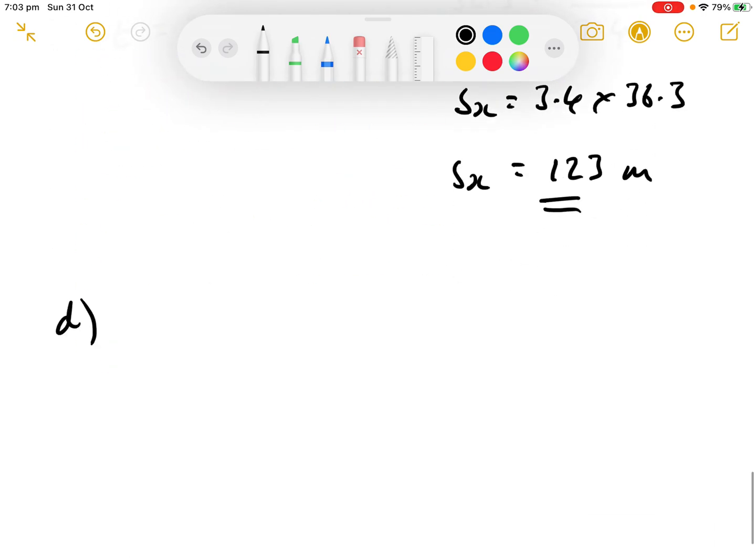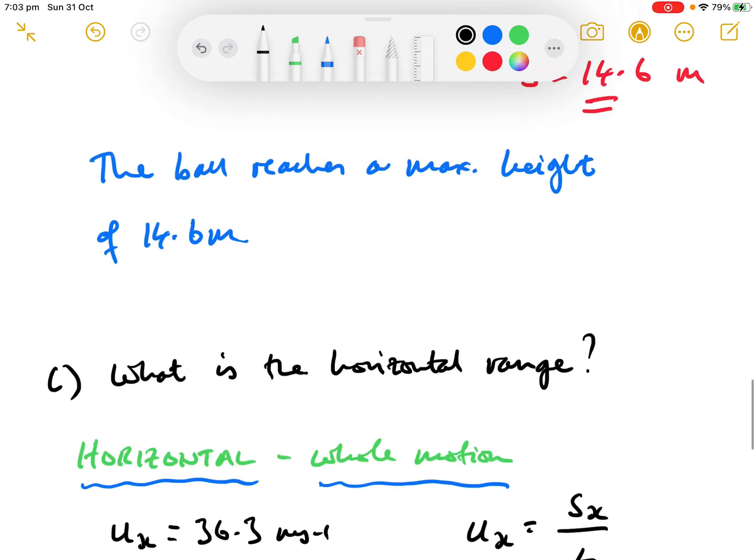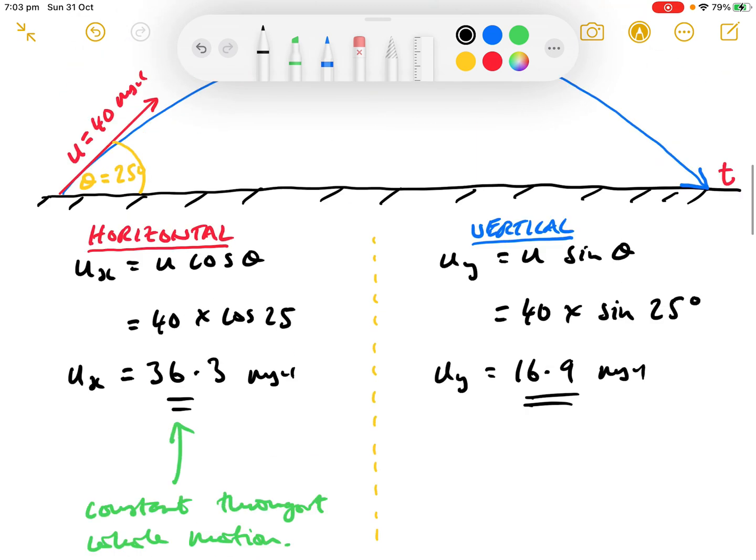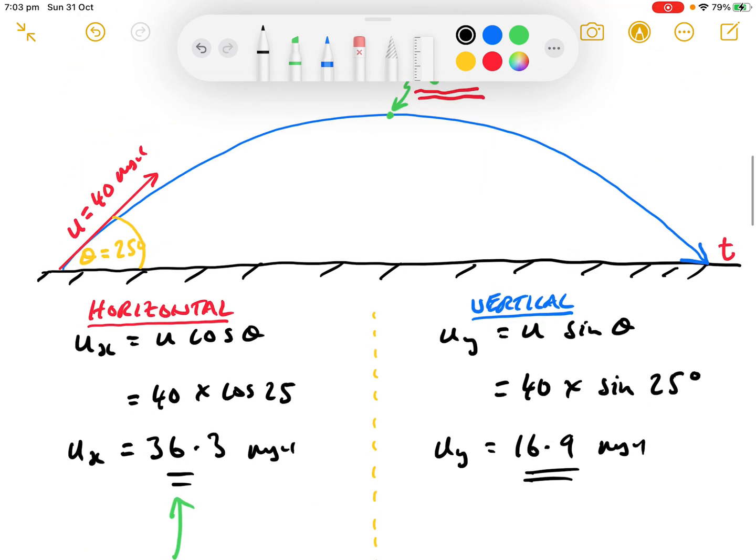Right, that's part C. It's also quite common to be asked basically what is the final velocity. I suppose that would be quite straightforward actually, because it's really just going to be whatever the initial one is at the same angle. So I don't think we need to go into that.